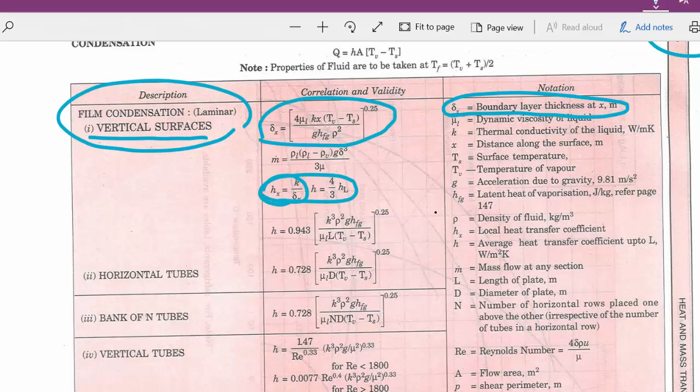This formula I have to take. So, okay, these two formulas I will write now. So, first thing, for vertical surfaces from HMT data book, page number 148.